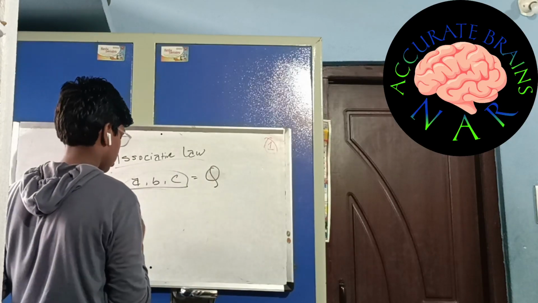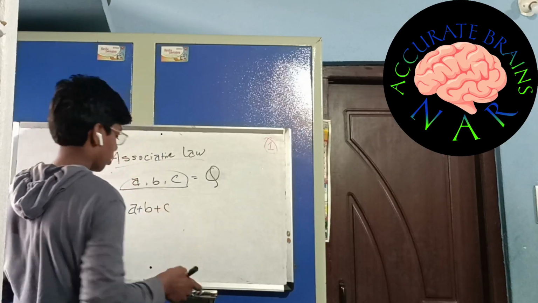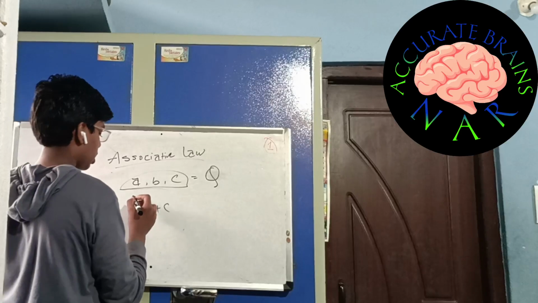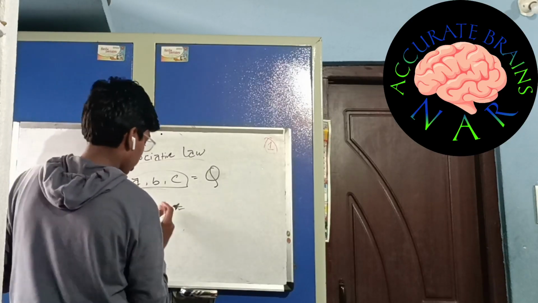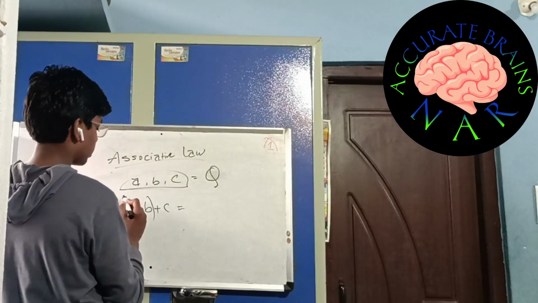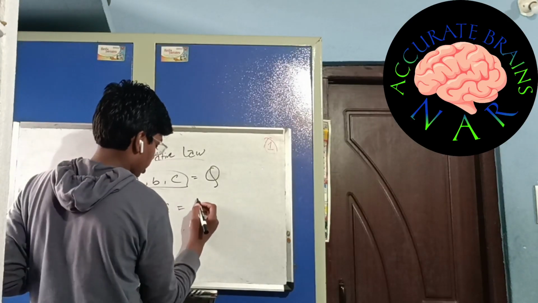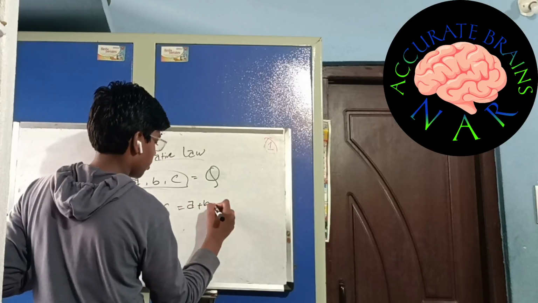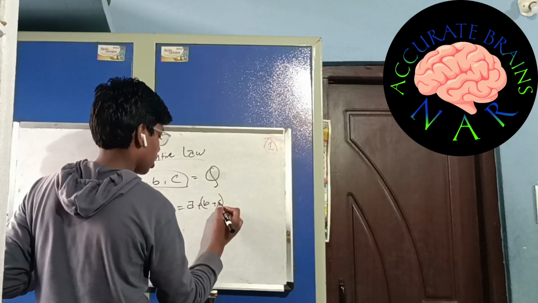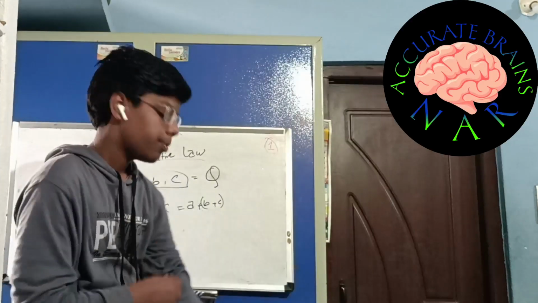So the associative law, A plus B plus C, is nothing but first A and B should be added on the LHS, and on the RHS, B and C should be added first.